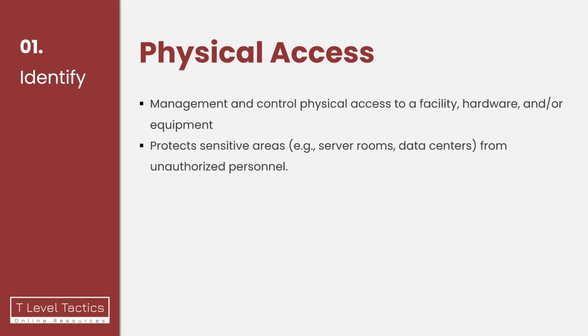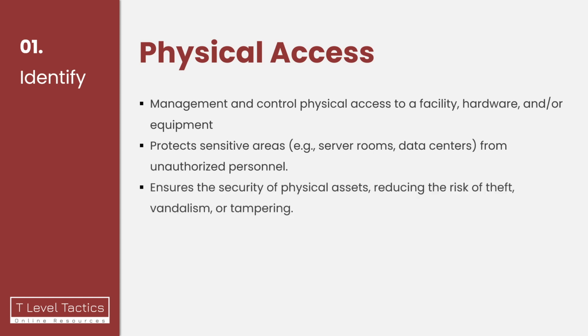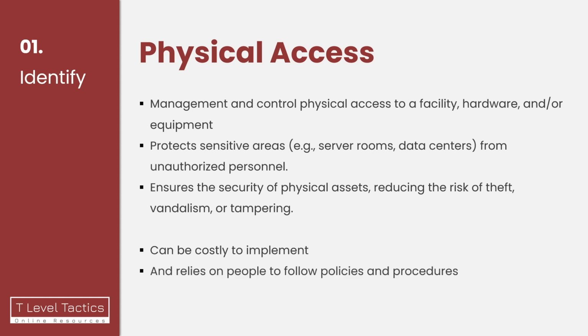It ensures the security of physical assets, reducing the risk of theft, vandalism, or tampering. But it can be particularly costly to implement, and it relies on people to follow these policies and procedures we put in place to the letter in order to work correctly. And this is where the problem is, as we're still human, and humans can still make mistakes.